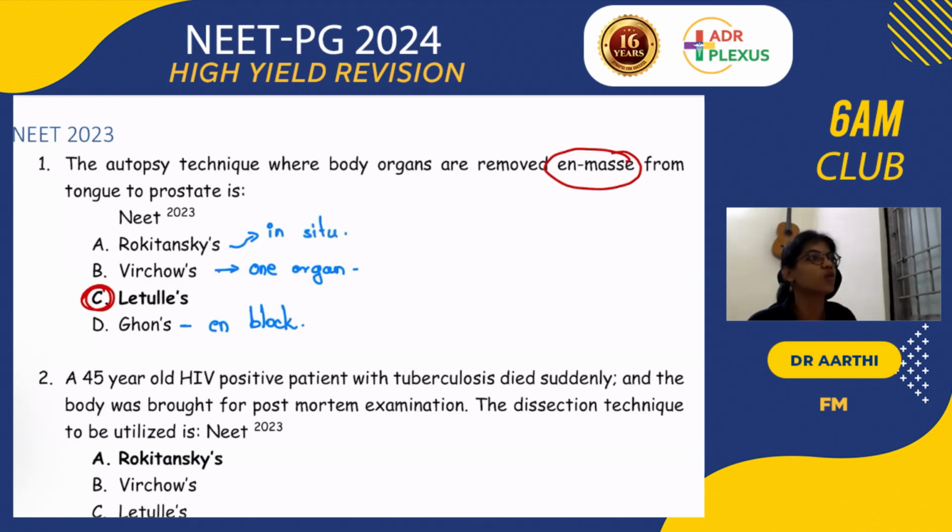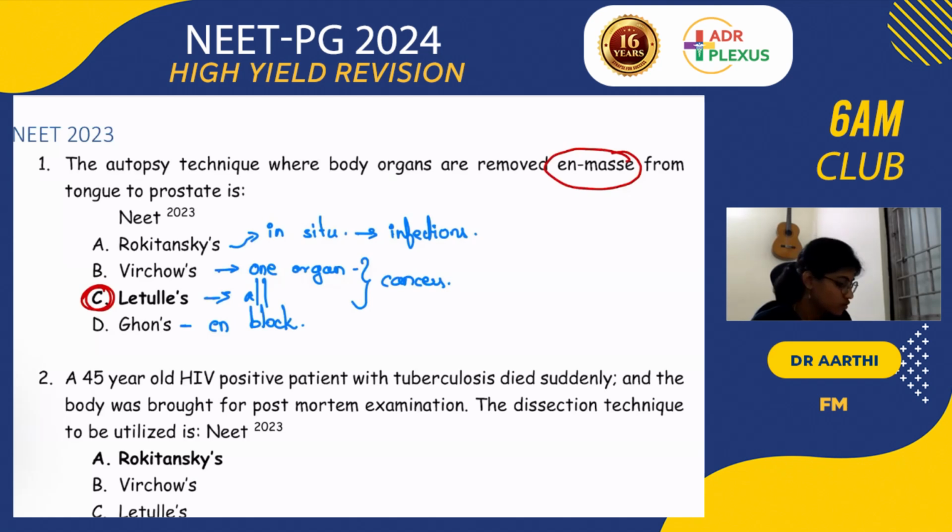Now, Rokitansky is suggested for infectious diseases, and Letouilly's and Virchow's, where we are removing all organs together as one set, are preferred for cancers. So we know how the metastasis happens. Rokitansky is set for infections.